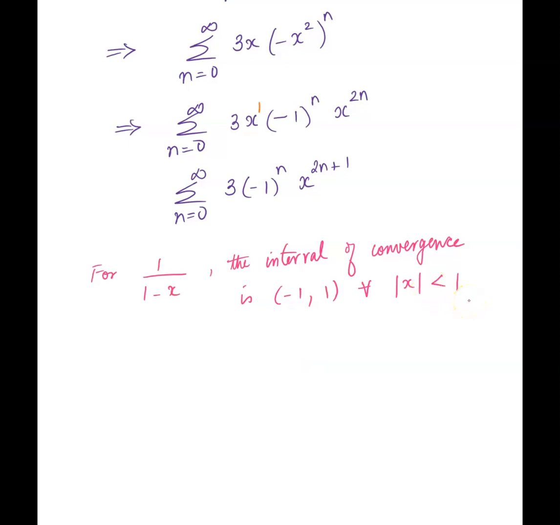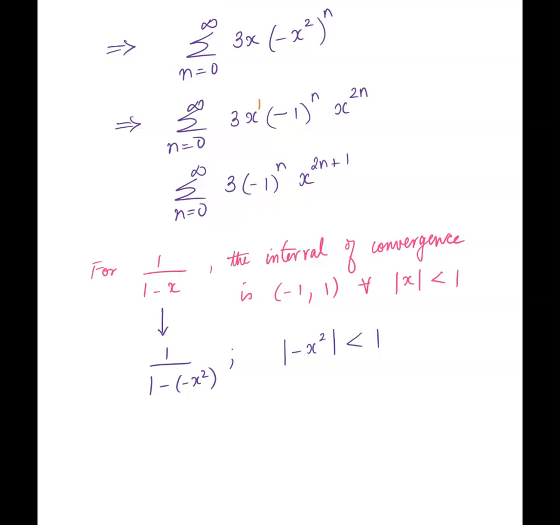Now here for our problem, we do not have the 1 over 1 minus x. Instead we have 1 over 1 minus negative x squared. So this has to also lie in this interval, but then this is going to be absolute value of negative x squared less than 1. Right? The condition now has the new x in the place of x. So let's make a quick connection there as well. You see this x here?